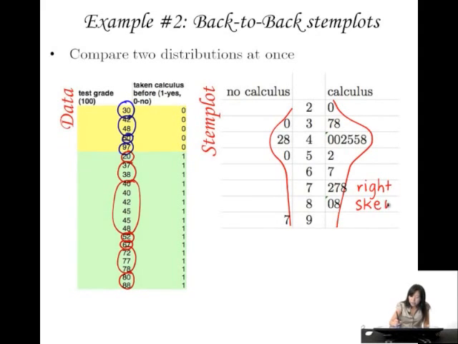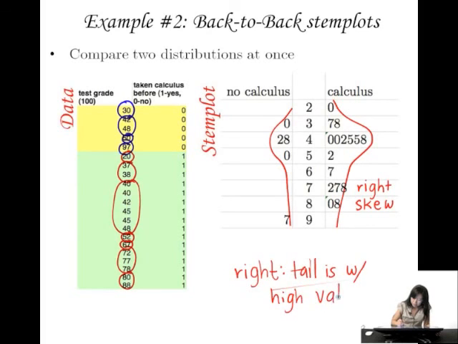Remember, right skew means that the tail is with the high values. Right? So that's how we know that they're right skewed, even though right now it seems like they're sort of down skewed or south skewed.